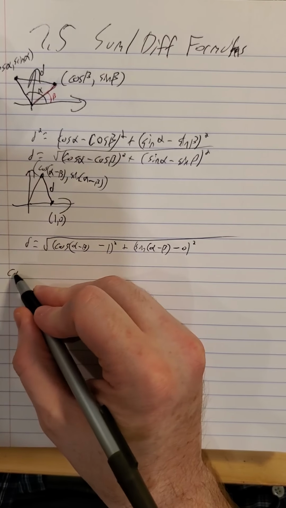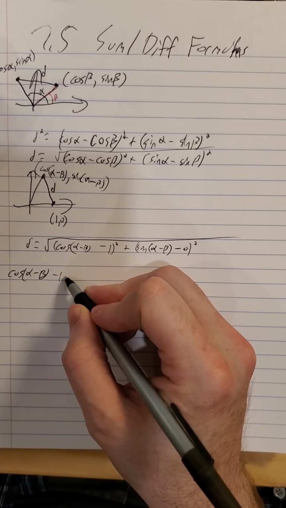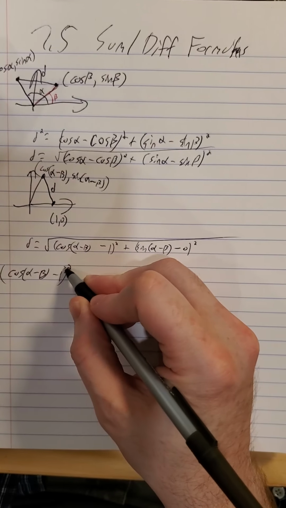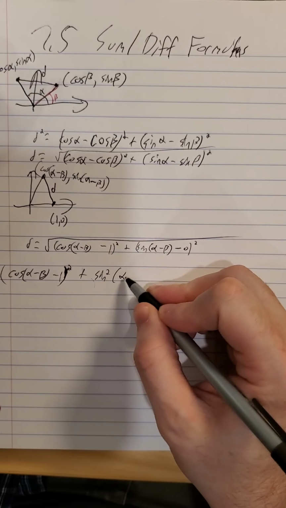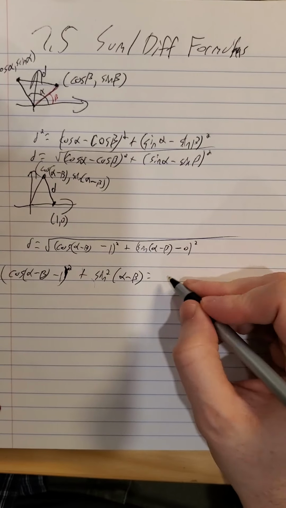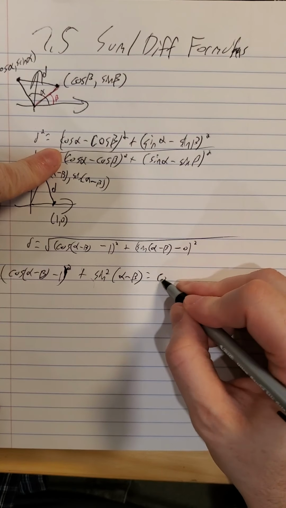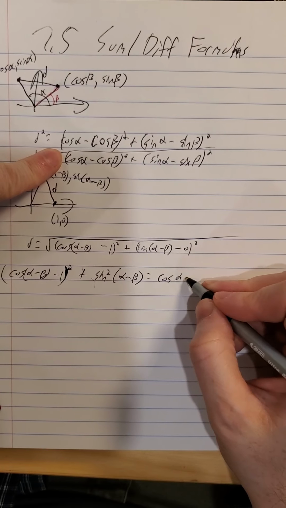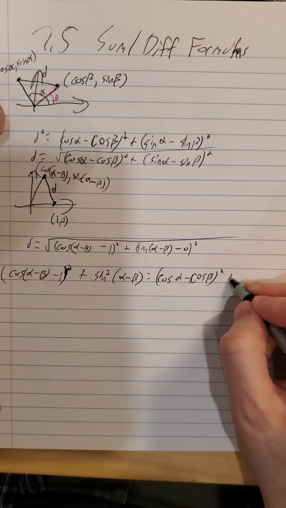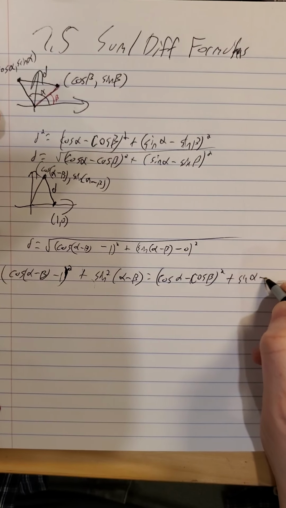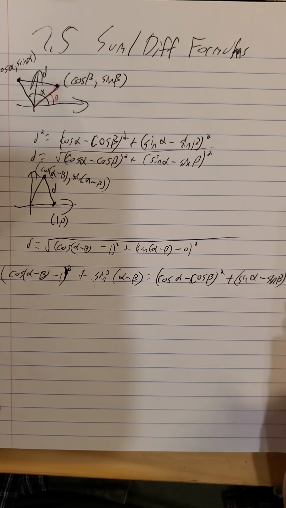So cosine of alpha minus beta minus 1, quantity squared, plus sine squared of alpha minus beta has to have the same value as cosine alpha minus cosine beta, quantity squared, plus sine alpha minus sine beta, quantity squared.